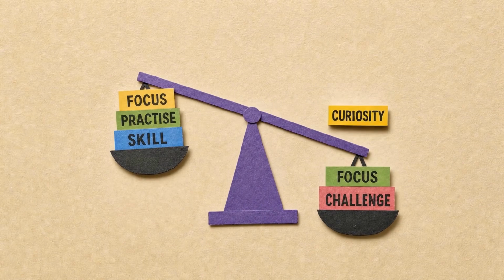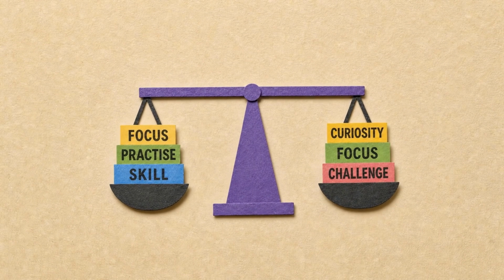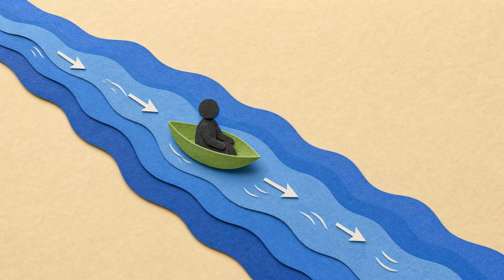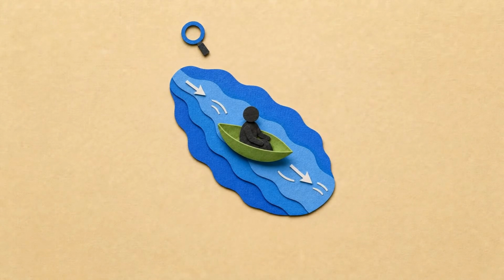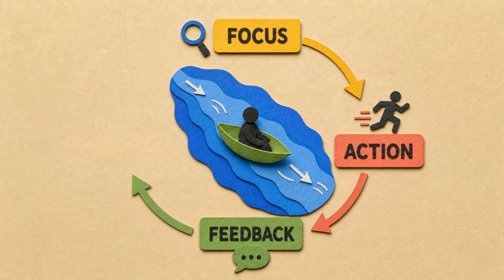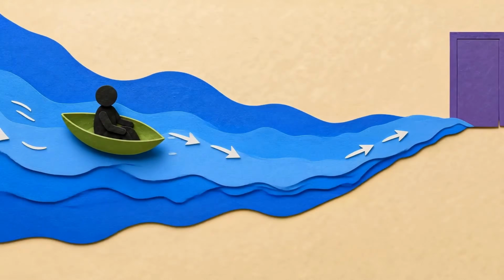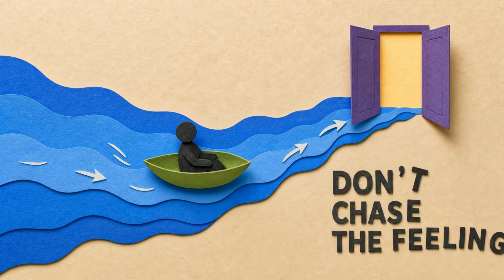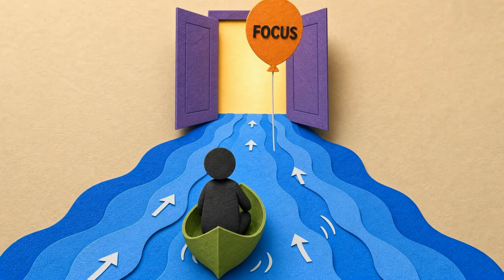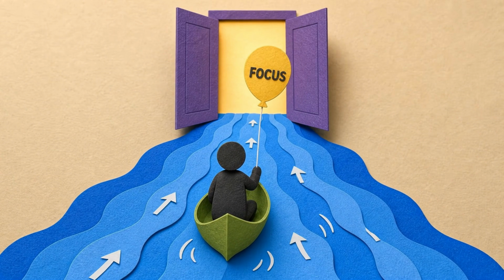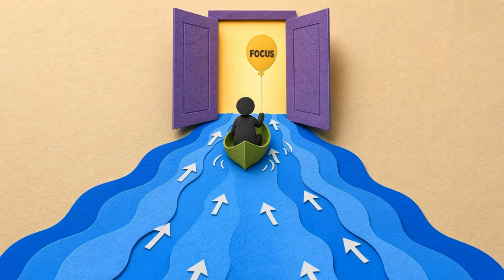When those two things line up, your attention starts to lock in. You stop watching the clock. You stop judging every move. You just follow the next step. And the more you move, the easier it becomes to keep moving. So accessing flow is not about waiting for motivation. It is about designing the conditions where focus has somewhere to go.